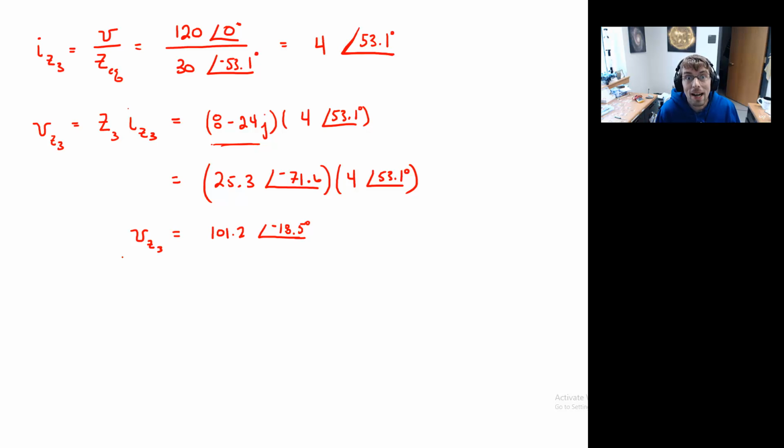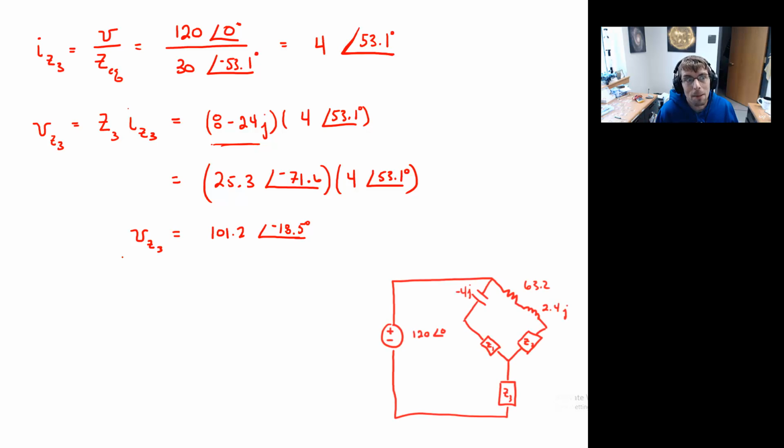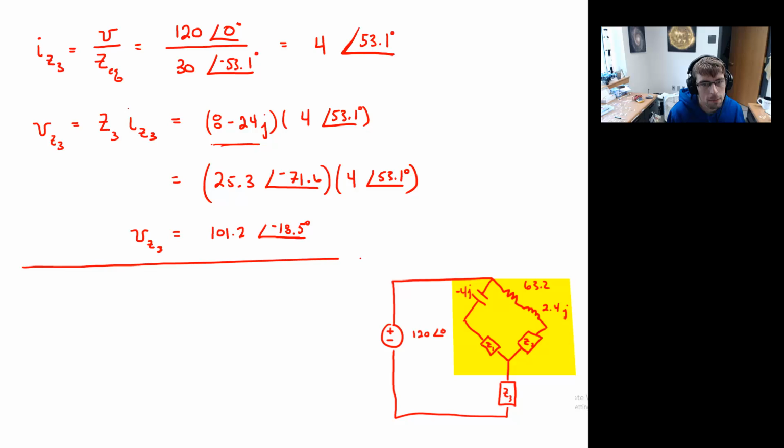Which means we now know what the potential drop is across what I referred to as the left branch and the right branch. Right? Because the potential drop, I will label that as V left, is going to be the potential of the source minus the potential drop across Z3.